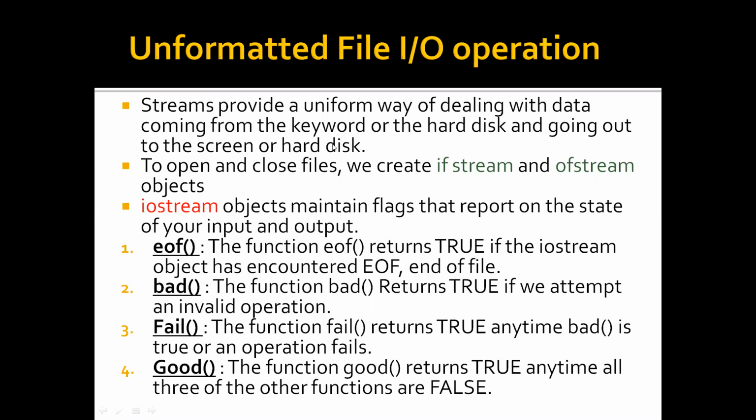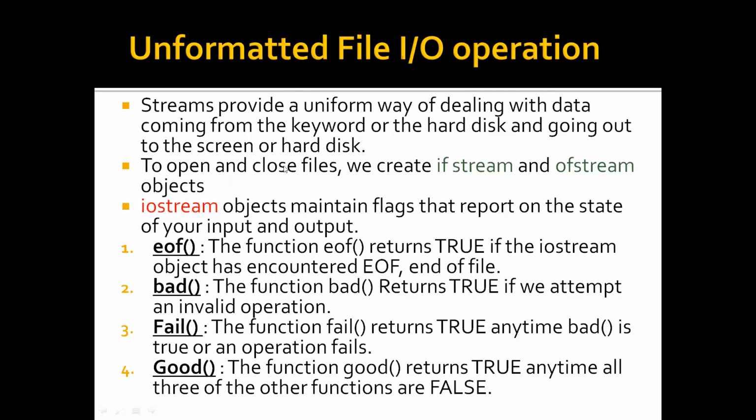That means a particular pattern of dealing with the data coming from the keyboard or the hard disk, and data going out to the screen or a hard disk is nothing but unformatted file IO operation.